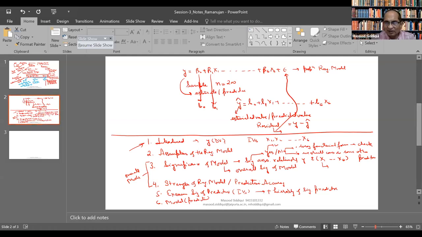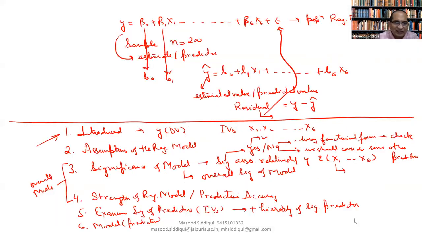In this model, first I would discuss the significance of the regression model, right? Then we move forward, and in the end we will discuss the assumptions. So we are checking the significance of the proposed regression model, right?